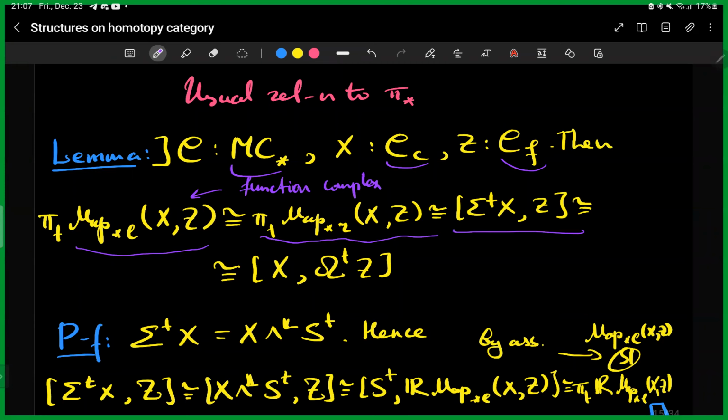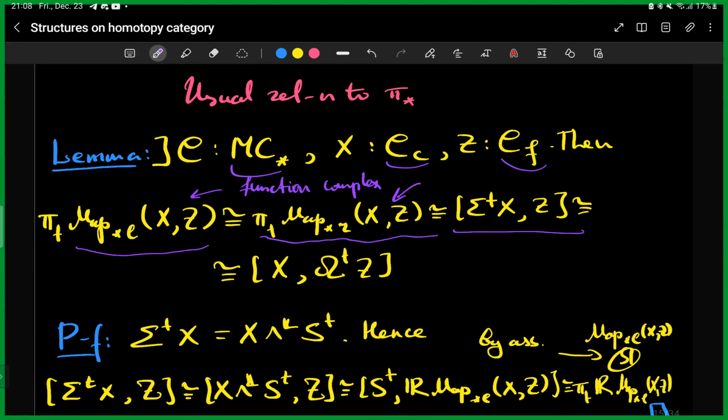Sorry, here now we in the enriched case. No, I mean, for an arbitrary model category, we can construct this function complex as was described earlier using these adjunctions.